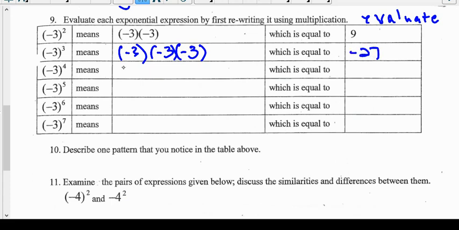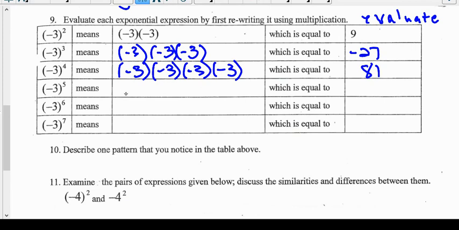I've done these before. If you were doing this on your own, you'd have your own calculator. But I want you to think about what you learned when you were multiplying integers. This is going to be equal to 81.